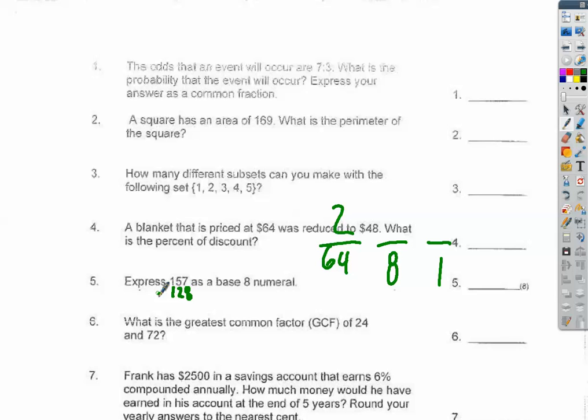And so I subtract to see what I have left over. So I have 29 left over. So how many groups of 8 go into 29? Well, 3. So 3 times 8 is 24. So I have 5 left over, so 5. So I should have 235 as my number in base 8. Sorry about that. Didn't mean to lead you astray.